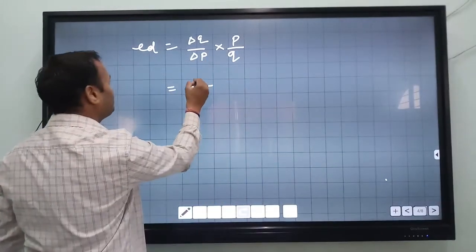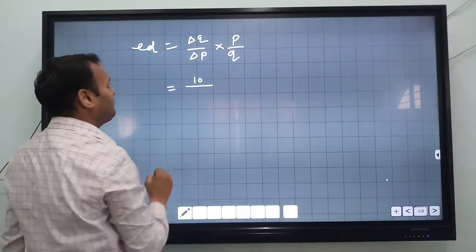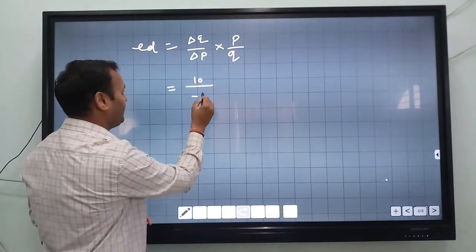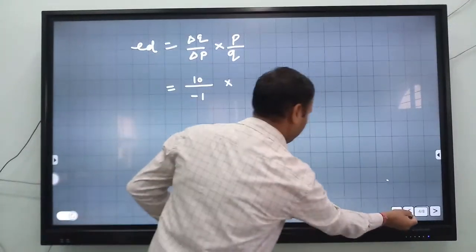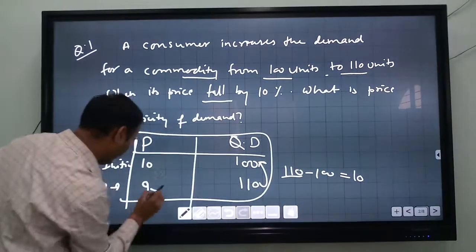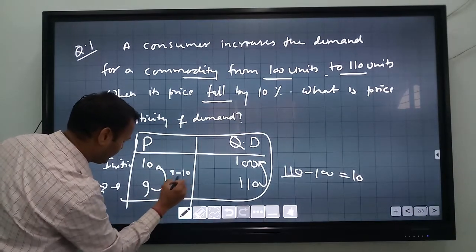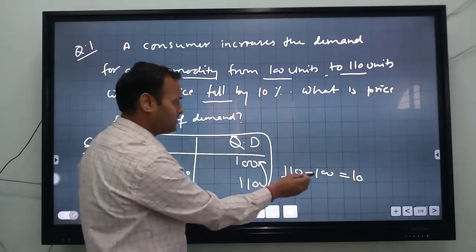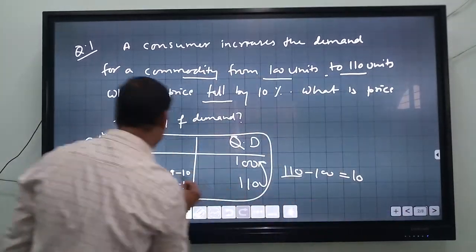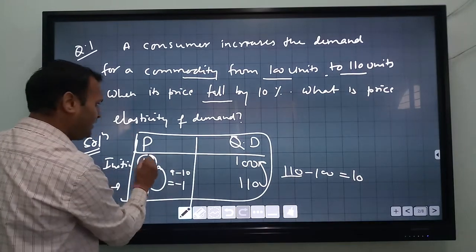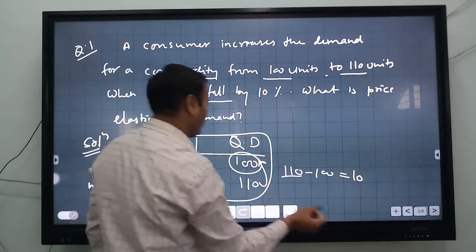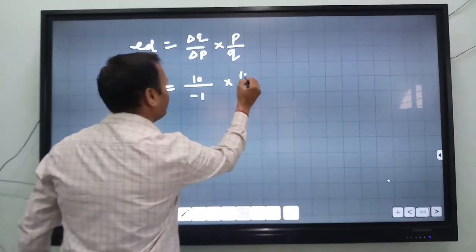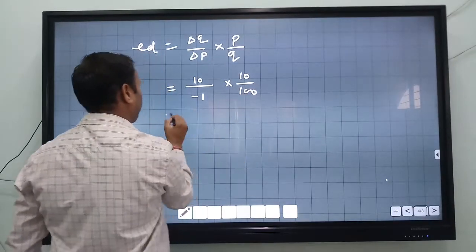So delta Q is 10, and delta P is 9 minus 10, that is minus 1. The initial price is 10 and the initial quantity is 100.